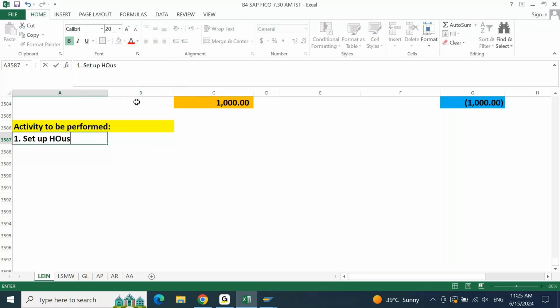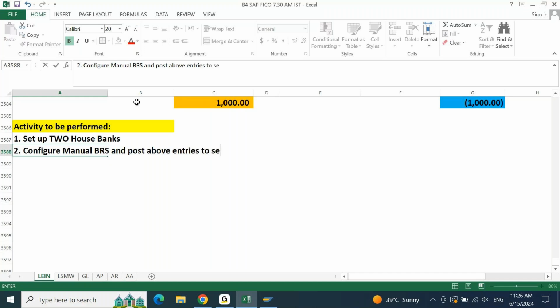Set up two house banks. Second one, configure manual BRS and post the above entries to see the same BRS values.